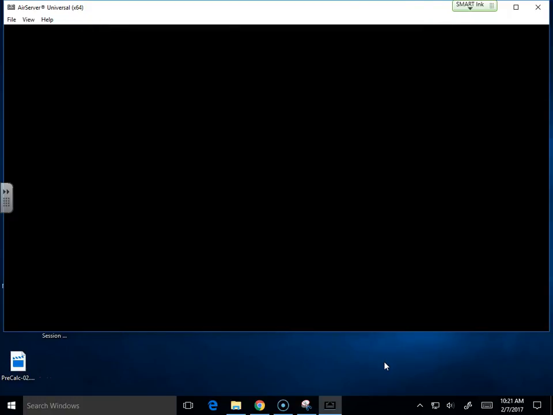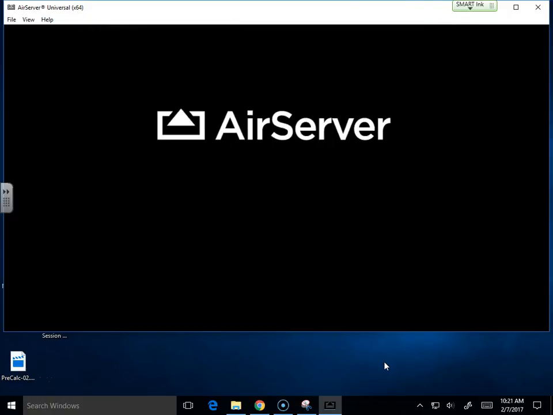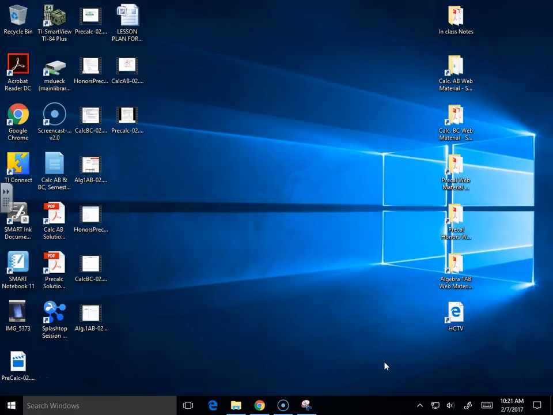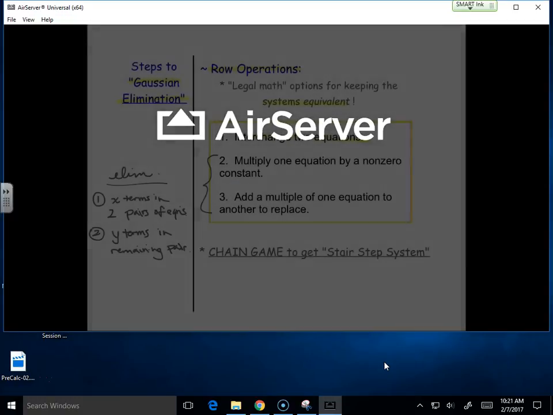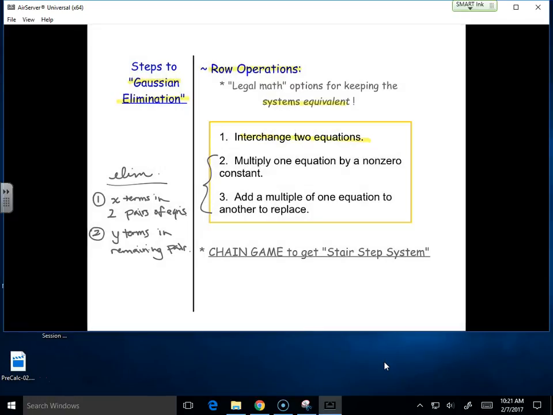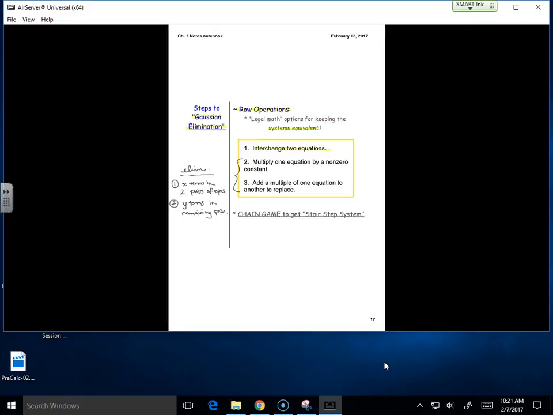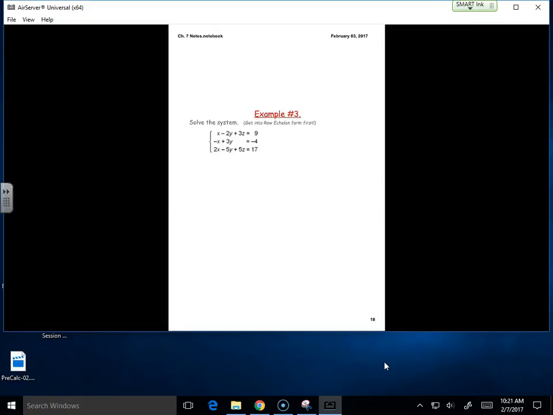There are ultimately 3 links to this process, as long as we have 3 variables. If there were 4 variables, there'd be 4 links, etc. But for 3 variables, 3 links, let's see how it works with this example.